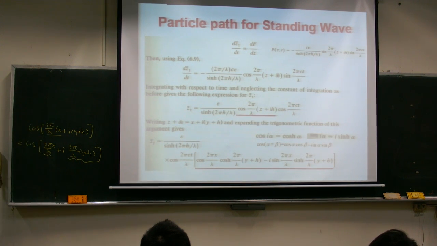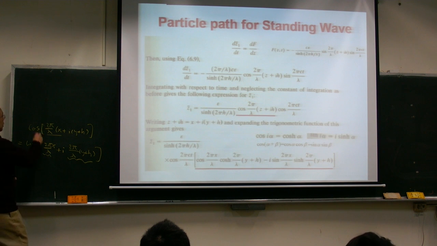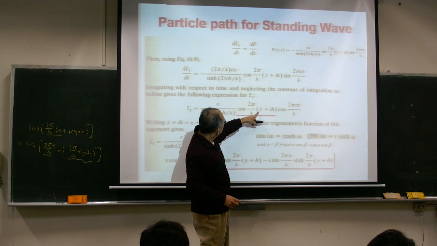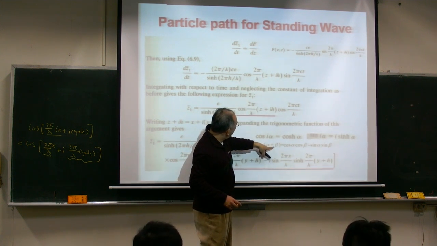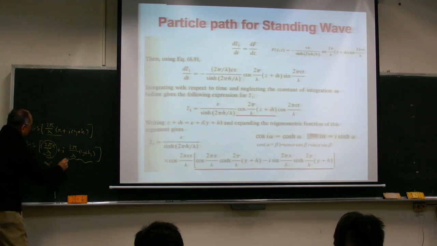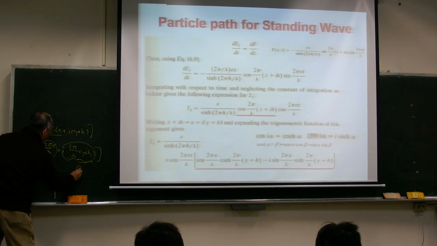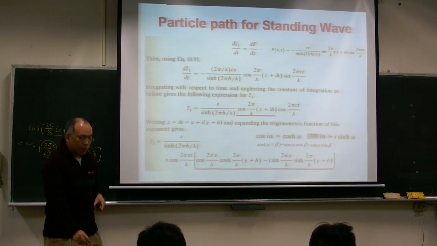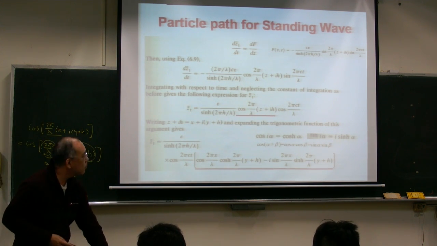Okay, and then for this term here, we can use this identity, right? This is the cosine of alpha plus beta. So this is our alpha, and this is our beta. If I do that, what happens?